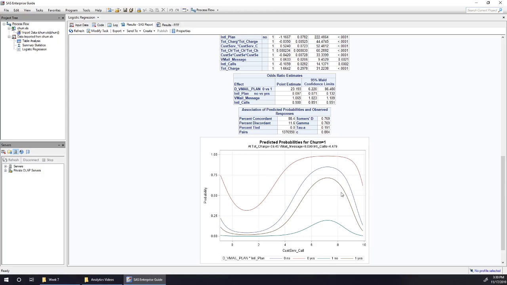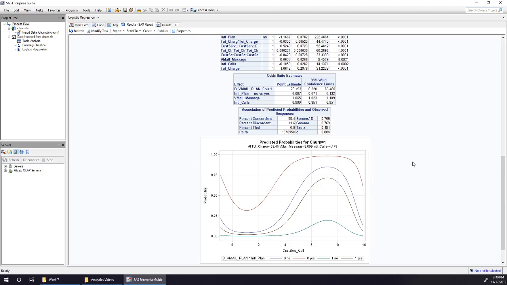For example, we could decide that we wanted to intervene somehow to try to be proactive about keeping our customers. If we see them get up to 4, 5, 6 customer service calls, since we know they're very likely to be churning if that number of customer service calls is getting up into that sort of area.